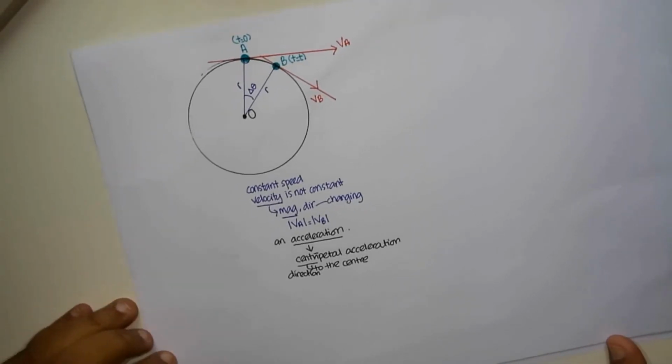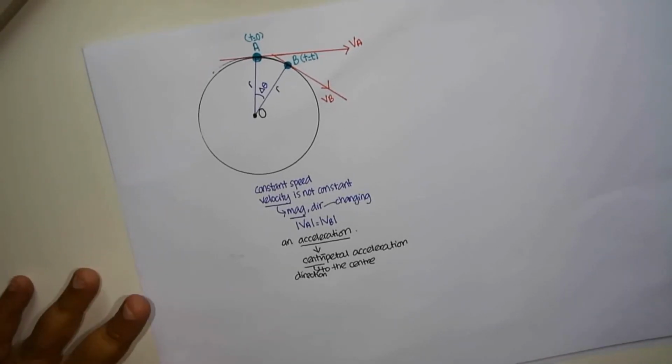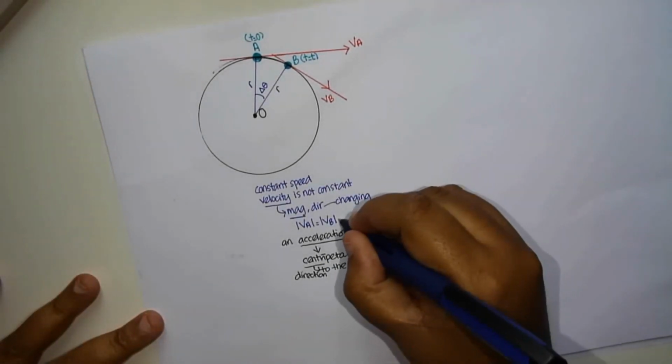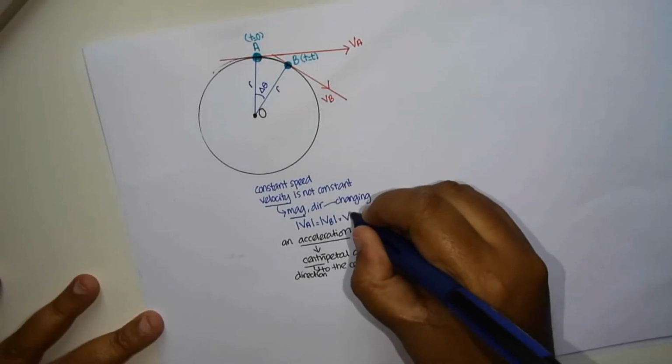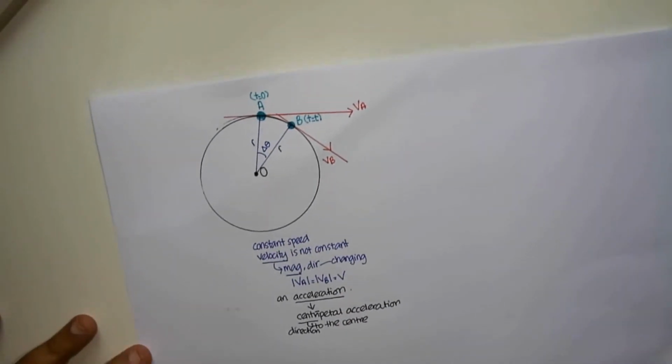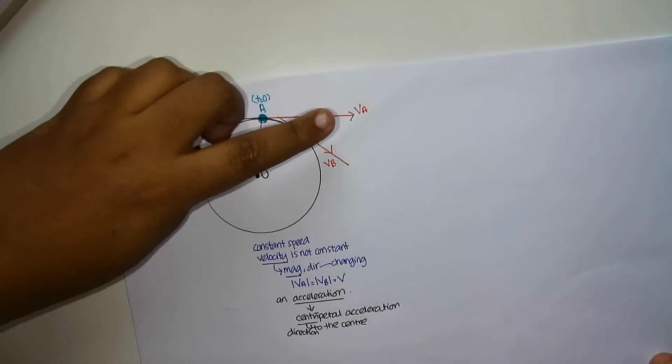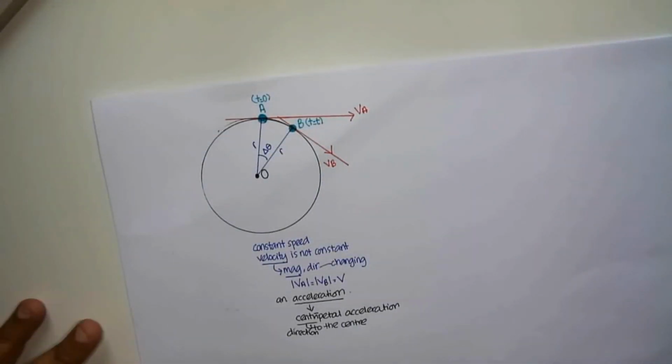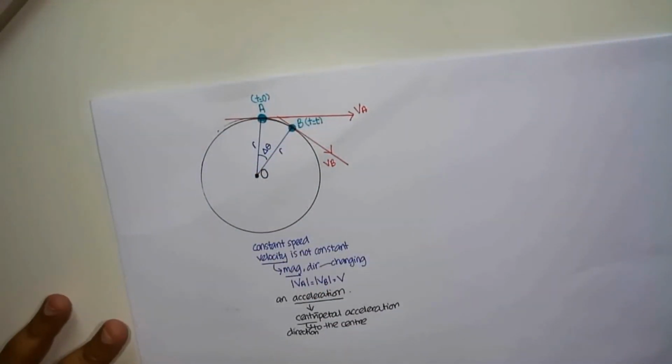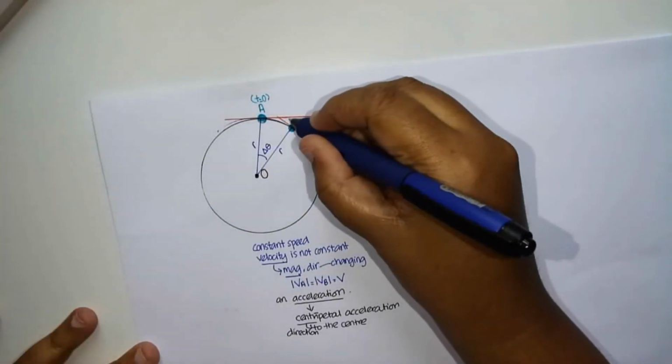Okay, so let's look at this. Now we assume VA is equal to VB, so VA is equal to VB is equal to V. Let's draw this in the diagram here. So this is VA, this is VB, this is delta theta. Here also I will get delta theta.